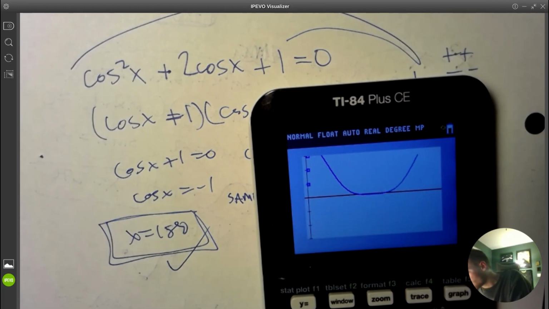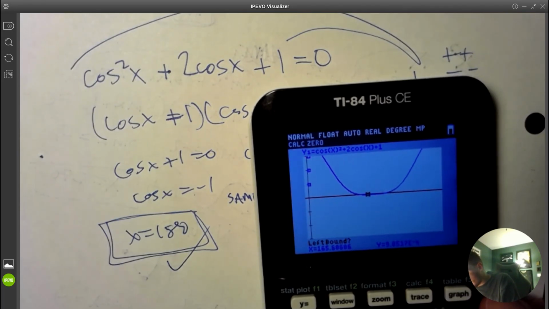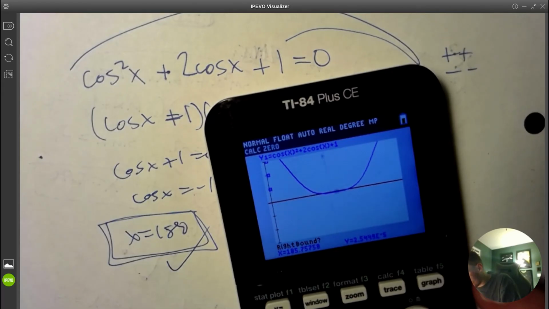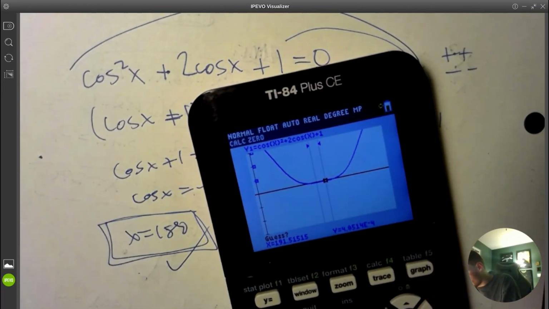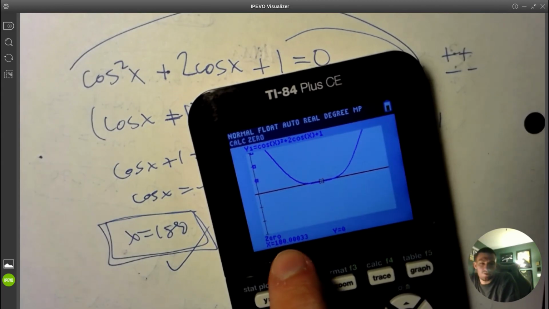Ooh. We get 2 different answers? Oh. Maybe just one. Left bound, right bound, enter. 180, right? Exactly like we thought.